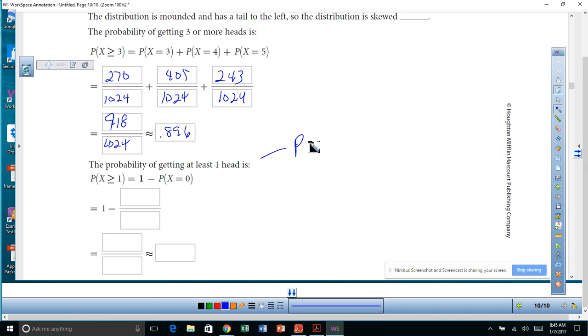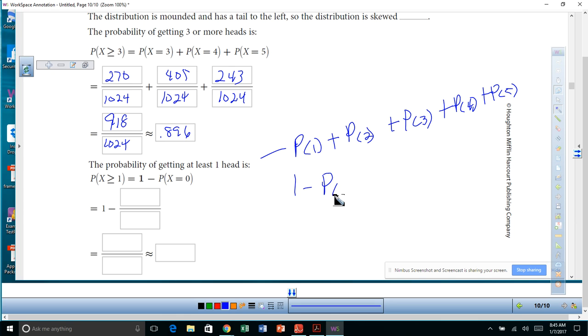All right. Now, the probability of getting at least 1 heads, you could do it. That's the probability of 1 plus the probability of 2 plus the probability of 3 plus the probability of 4 plus the probability of 5. It's easier to just do 1 minus the probability of 0, since when you add all of these up, it equals 1.